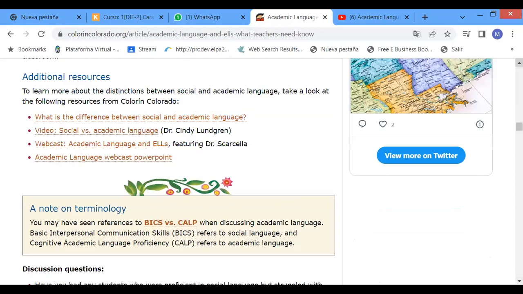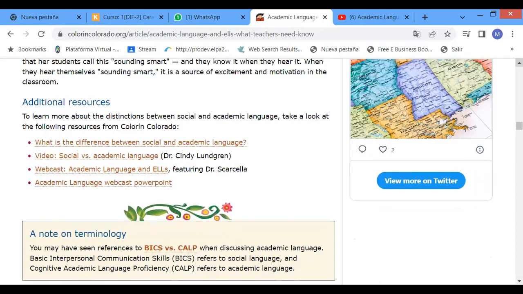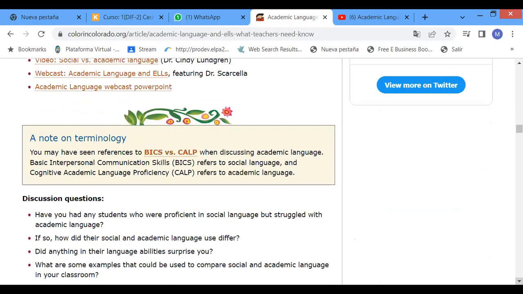Here you have another additional resource that we can see if you want. Basic interpersonal communication skills refers to social language, and cognitive academic language proficiency refers to academic language.